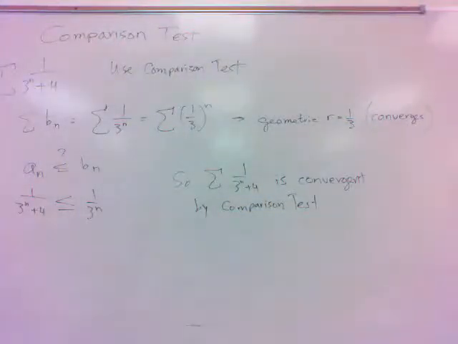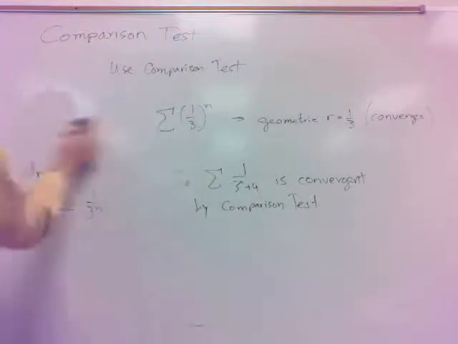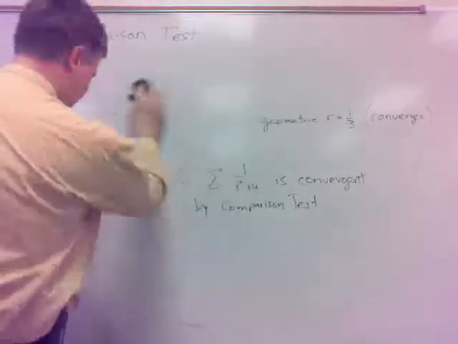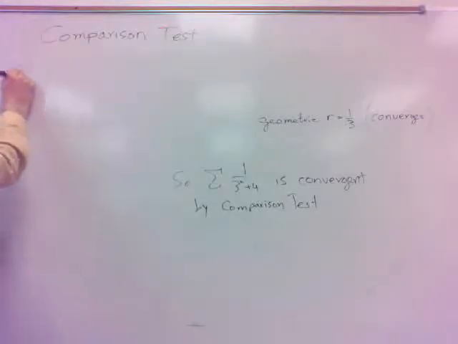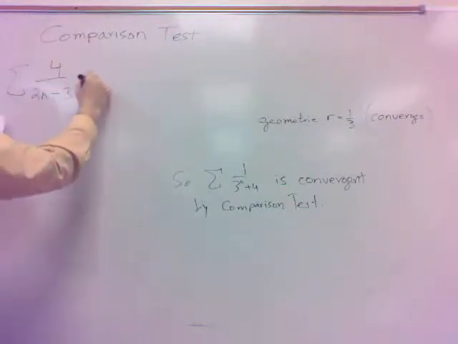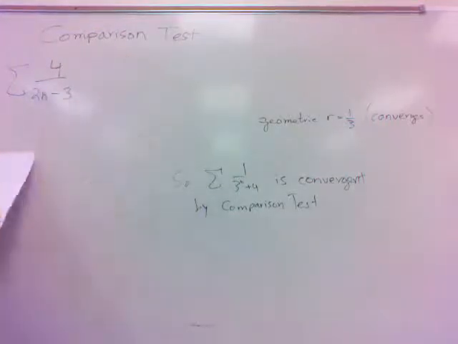All right. See how I do on this one. Four over 2n minus 3. Well, we compare that to what?